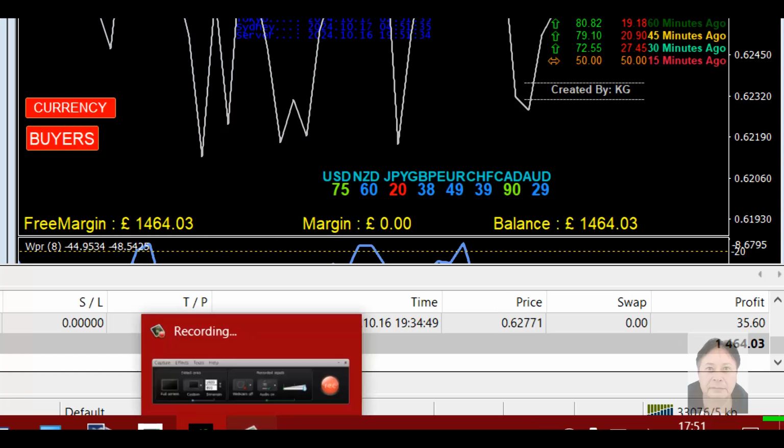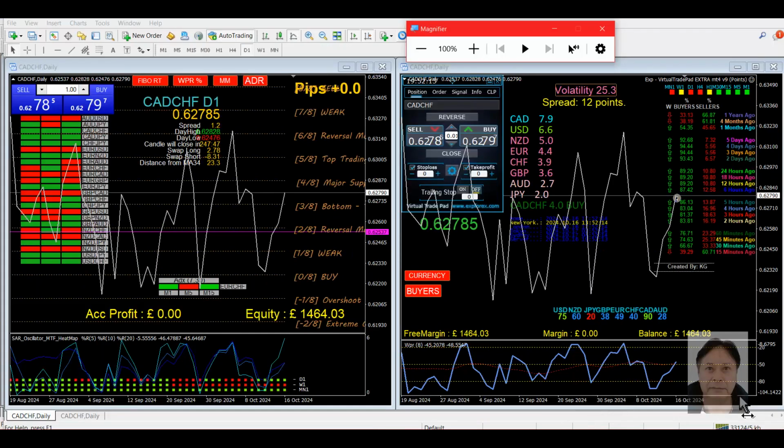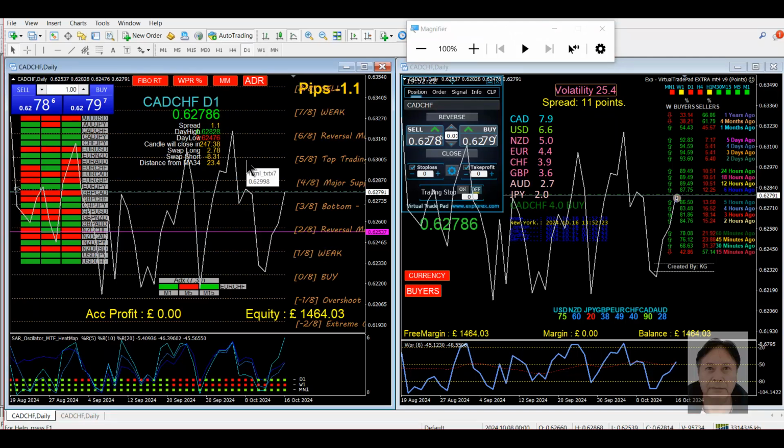Right, let me just pause it. Right, you should already know actually how I select my currency pairs, and I picked this currency pair, the Canadian and Swiss franc, so I'm just going to place one lot on it, and I'm using my 1, 2, 3 strategy.